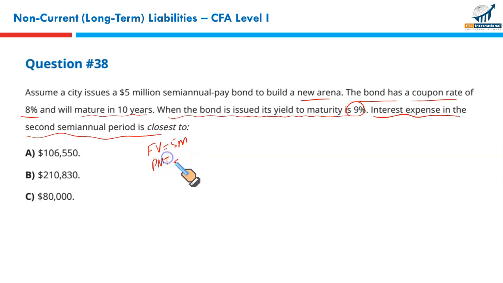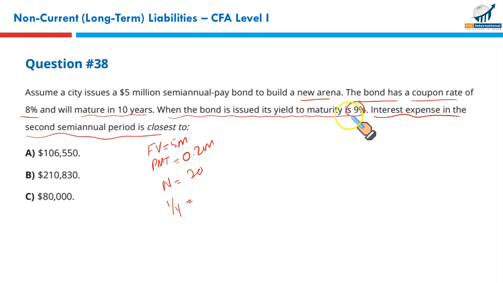PMT, the interest payment, since it's a semi-annual one. So if you calculate the interest payment, 8 by 2, 4%. 4% times 5 million, that is 0.2 million. Periods, 10-year bond, since it's a semi-annual one, so it's 10 times 2, 20 periods.